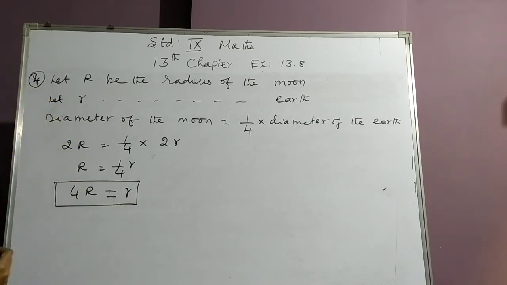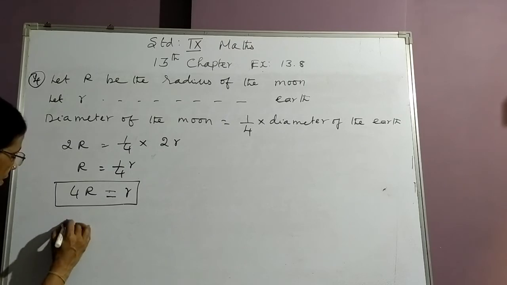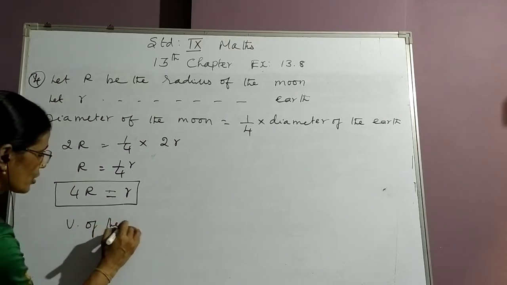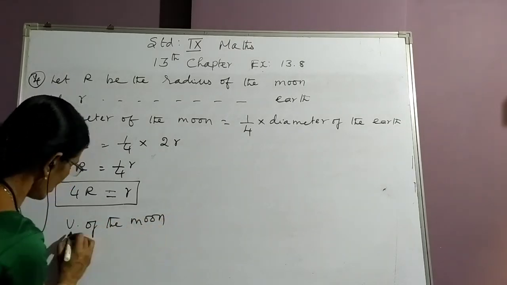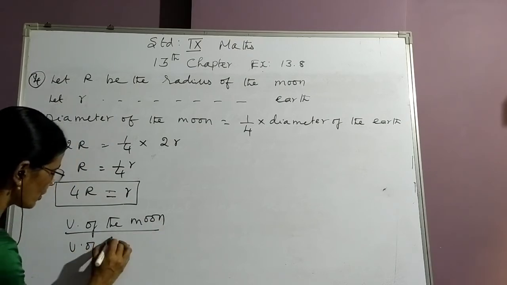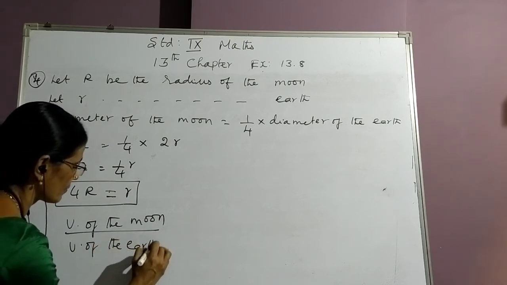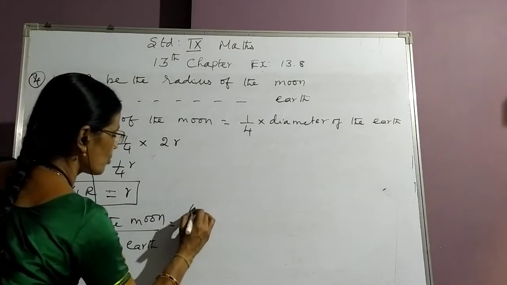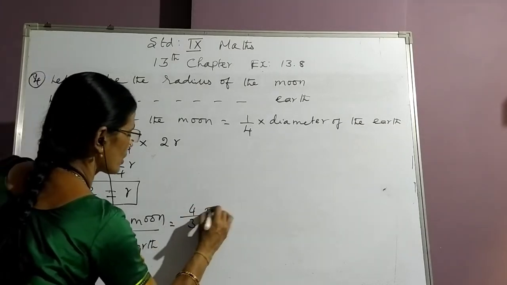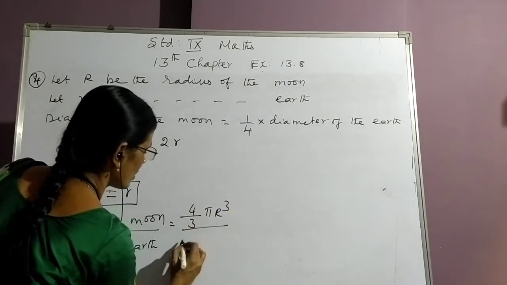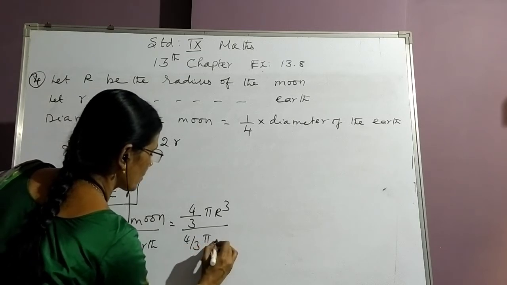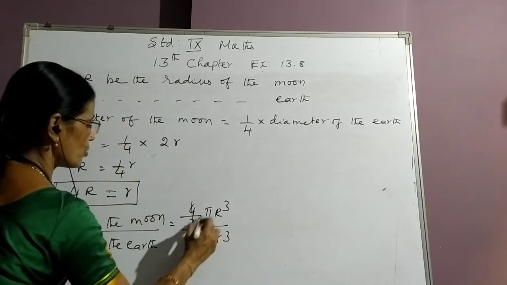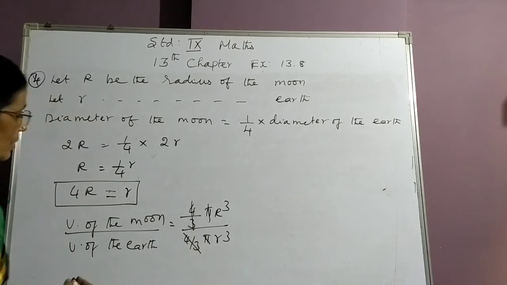Now we are asked to find out what fraction of the volume of the earth is volume of the moon. Therefore we are going to find out the ratio, volume of the moon upon volume of the earth. Volume of the moon is 4/3 pi capital R cube upon 4/3 pi small r cube. 4/3 pi gets cancelled.